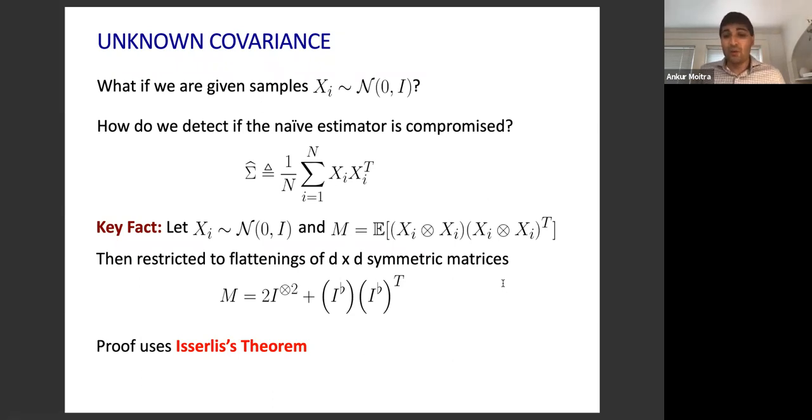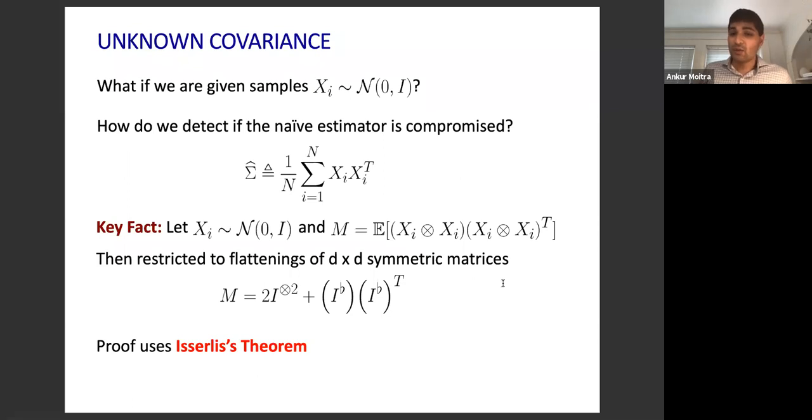Now this turns out to not be a very hard thing to prove. It's proven using something called Isserlis's theorem or Wick's formula. I'll give you some intuition, but it's a little bit outside the scope of this talk. The intuition for it is, if I take a 1D Gaussian with mean 0 and variance 1, you can check on Wikipedia, the fourth moment is 3. Now it turns out that, and it's no coincidence, if I take a complete graph on 4 nodes, there are 3 perfect matchings.